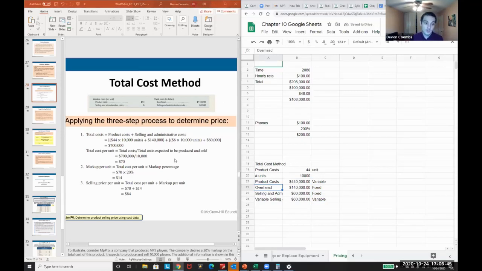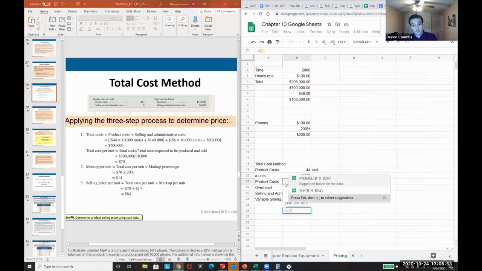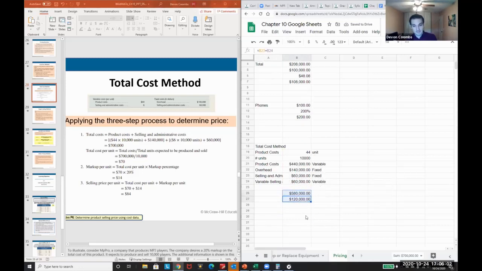And so question here is how can we determine our total price per unit? Well, we're going to take our total costs that are relevant here. And so our total relevant costs are 580 and our selling and admin are 120. So we have a total cost of 700,000. So our relevant costs here, right?